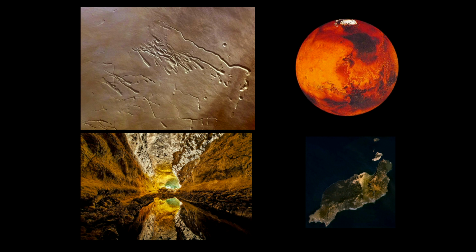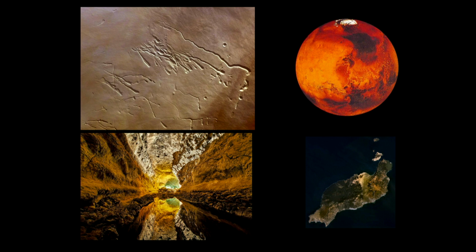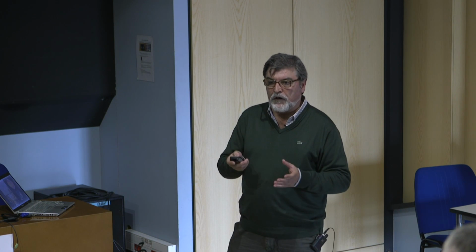And this is another aspect in Lanzarote in which we have just started to work, the study of the lava tubes, because you know that lava tubes were identified on Mars, and this is important from the astrobiological point of view, because lava tubes could be special sites in which life, in case of existing, could be protected from UV radiation, for example, in a special environment with special temperature and pressure.